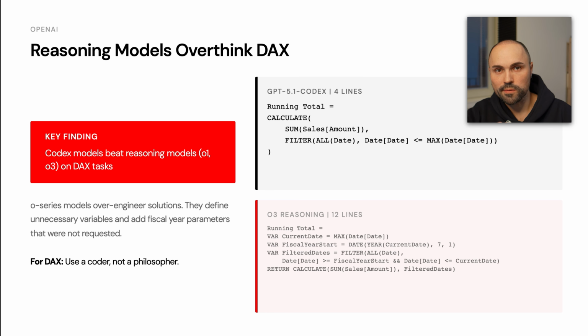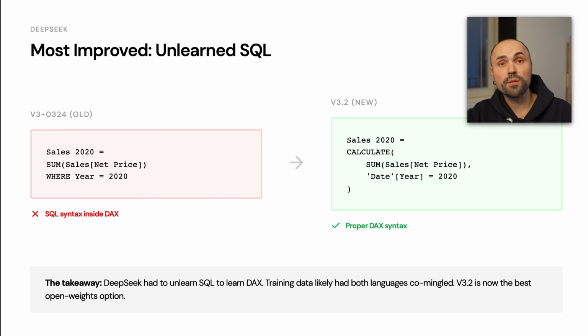prone to errors. DeepSeek, which I mentioned earlier, is the most interesting story here. As you can see, between version 3 and version 3.2, which was released recently, it took the biggest leap. On the left, you see it was producing something resembling DAX with a mix of SQL.